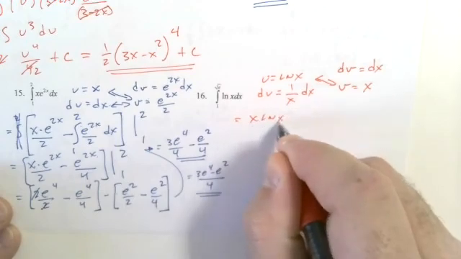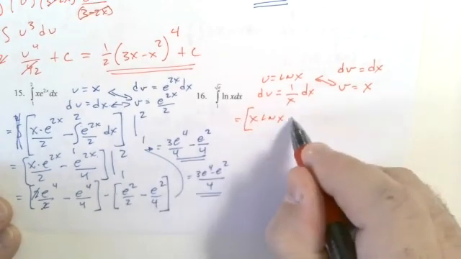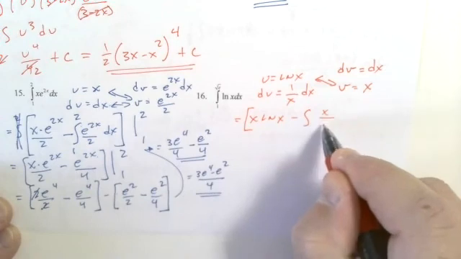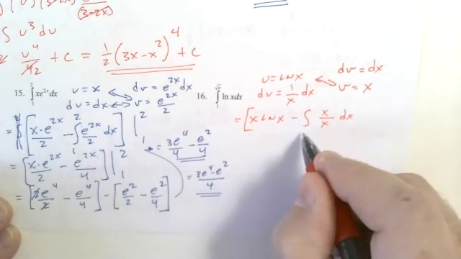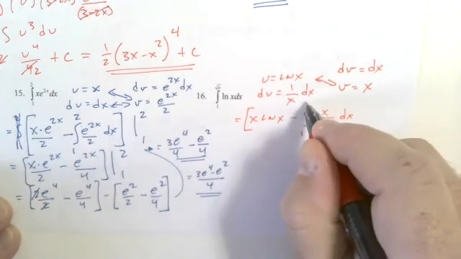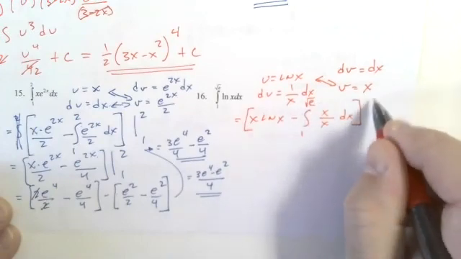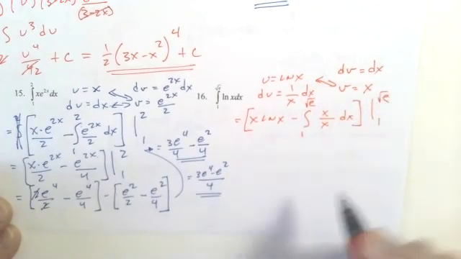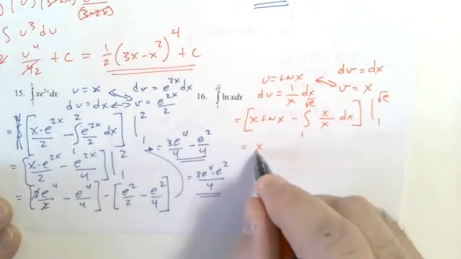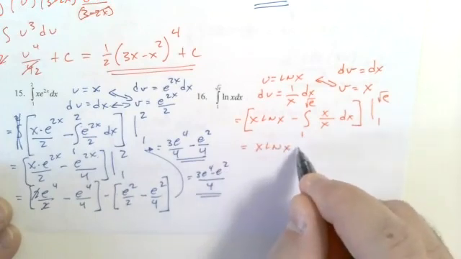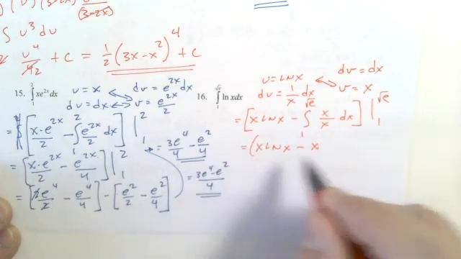Okay, these two. X ln of x minus integral x over x dx. Still a 1 and a root e here, and 1 to root e here, equals x ln of x minus x.